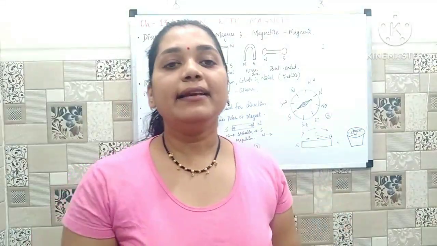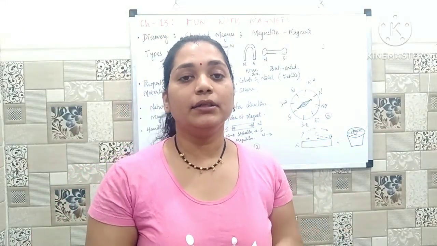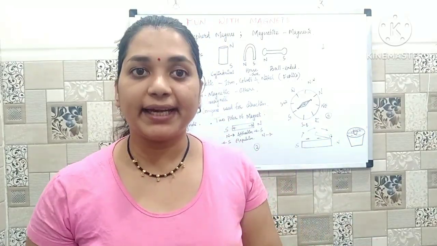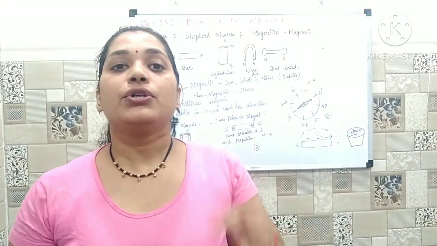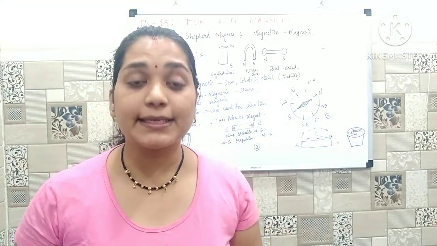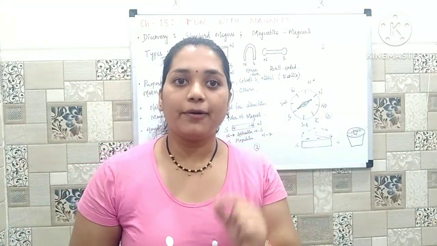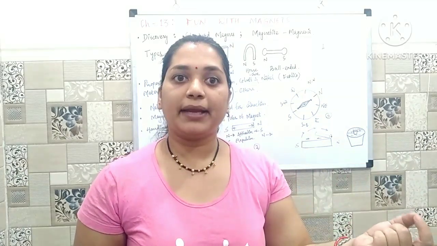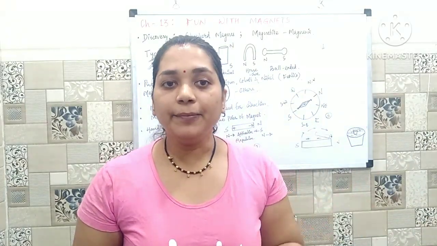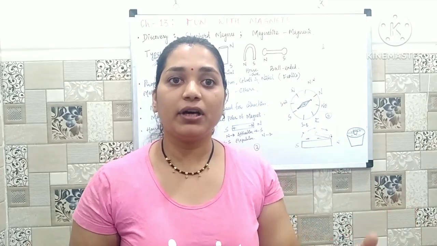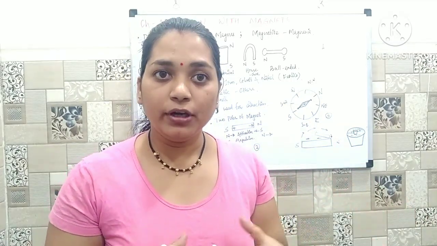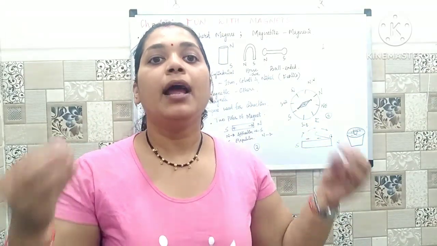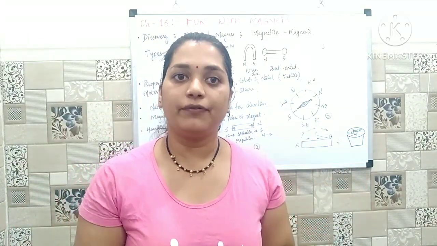Then comes the characteristic of the magnetic poles. We have discussed that there are two magnetic poles, north and south. The north pole of a magnet will always attract the south pole of another magnet, but it will repel the north pole of the other magnet, because the same pole will never attract, the same pole will always repel and the opposite pole will always attract.